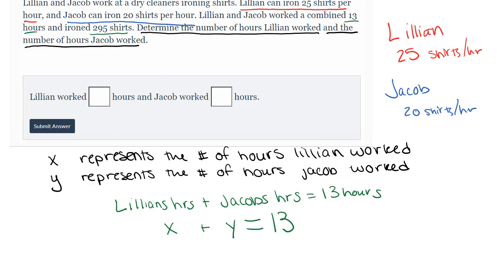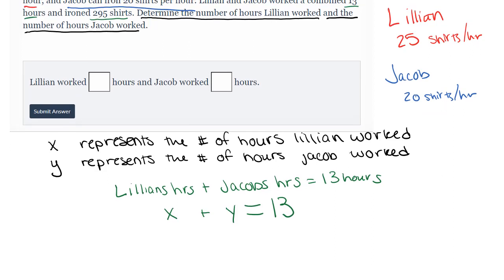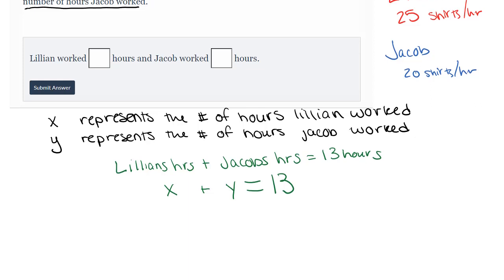The next equation is based around this total of 295 shirts. And that's where this other important information comes in, is because Lillian can do 25 shirts per hour. So if I multiply that by the number of hours she worked, I'm going to add on to the total. So we get 25x.